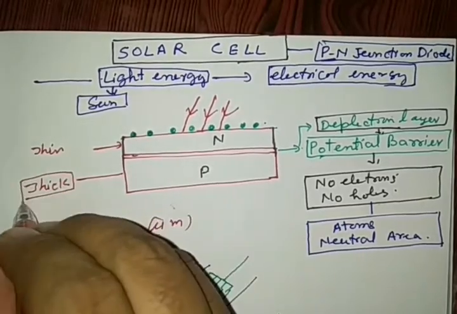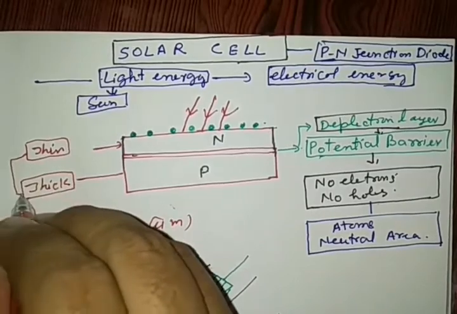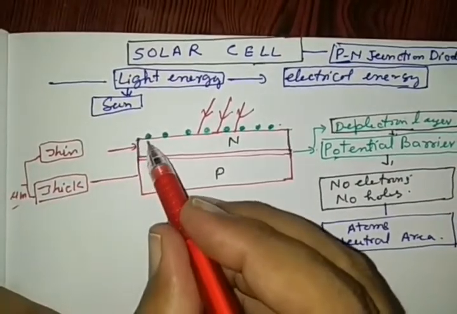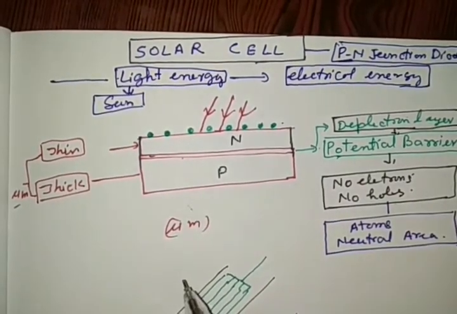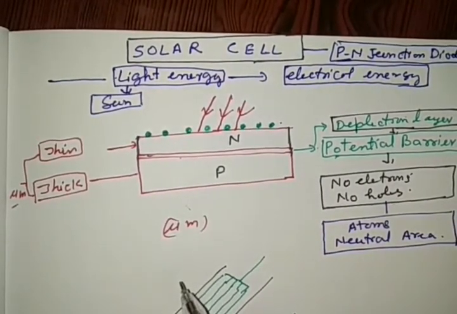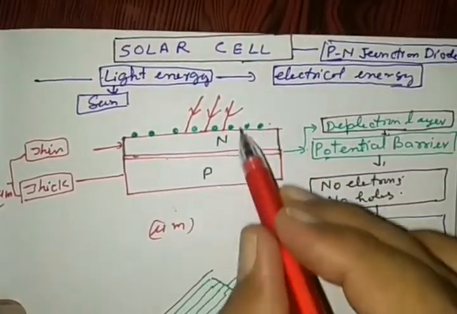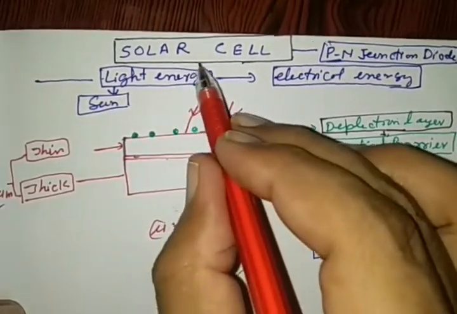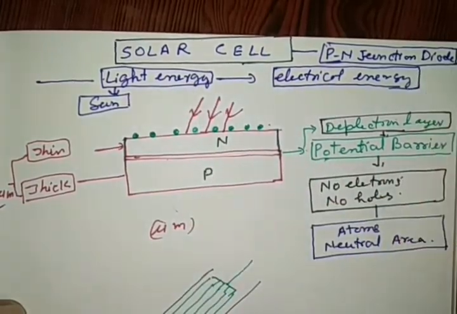Remember two words, thin and thick, but both are in which unit? Micrometer. Suppose it is 50 micrometer, in that condition it is up to 200 micrometer. So both are very thin. This type of PN junction diode is called a solar cell, which converts light energy into electrical energy.